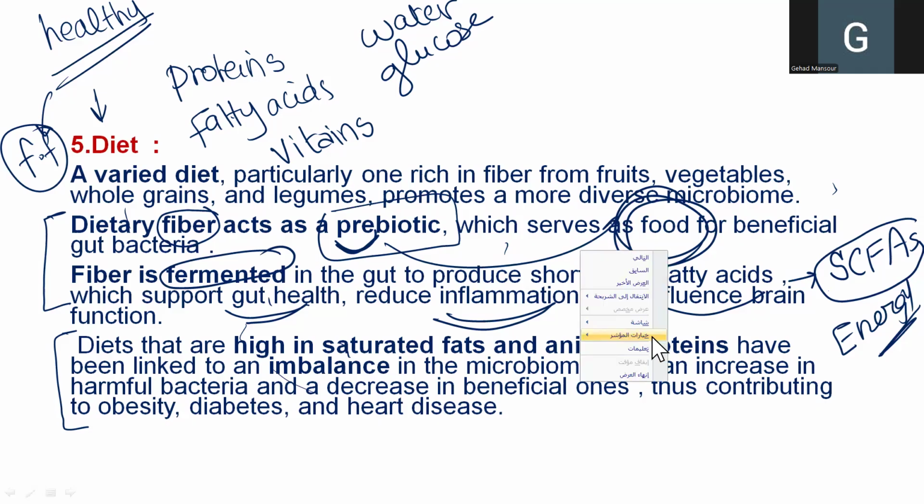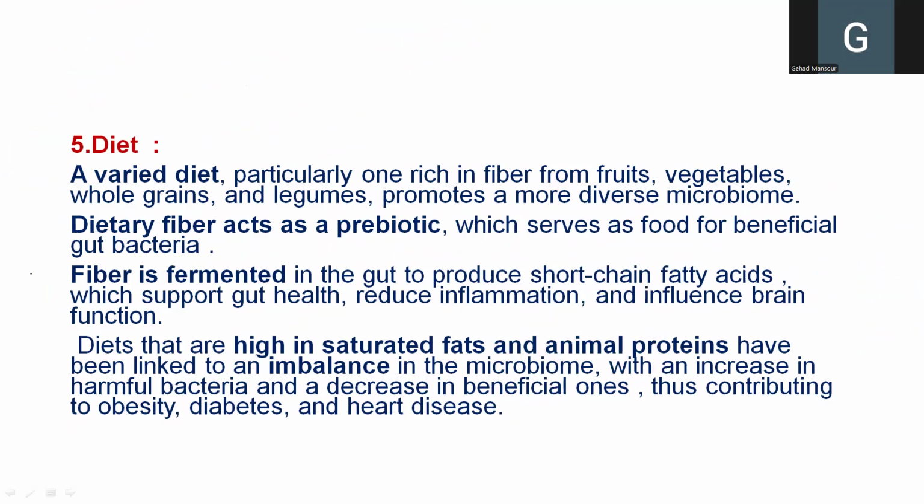On the other hand, we have an example of unhealthy food. So this slide is important because it gives you an example of healthy food. It tells you what prebiotics are. But it is also useful because it gives you an example of an unhealthy food like saturated fats and animal proteins.